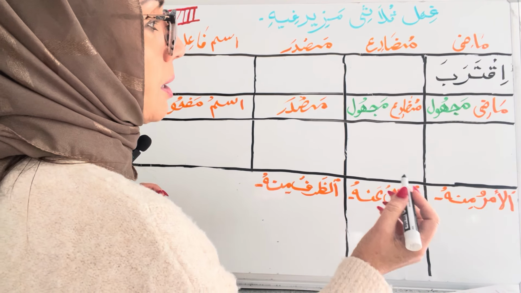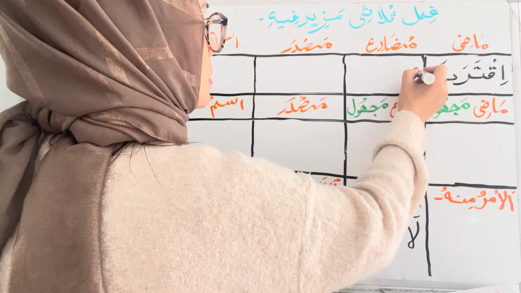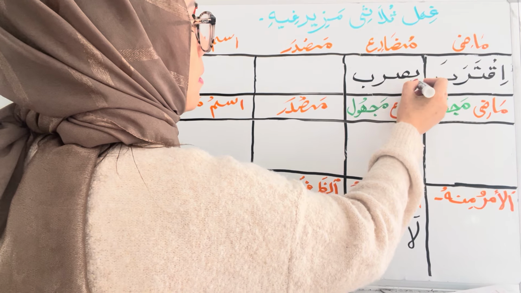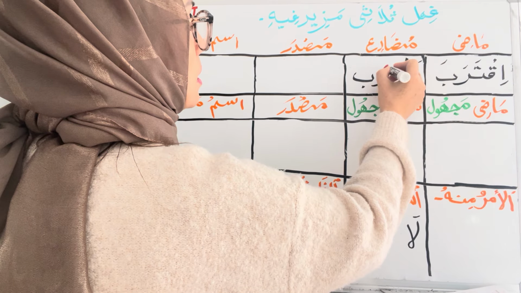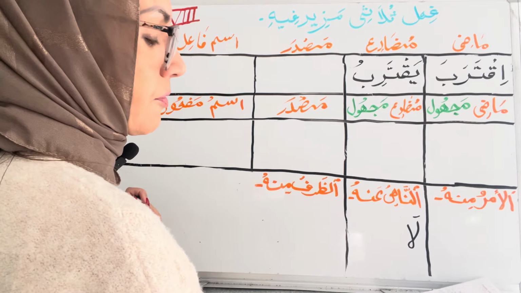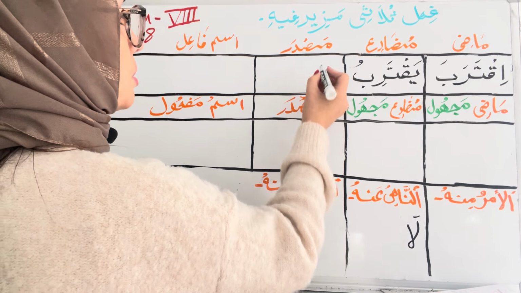So we have iqtaraba yaqtaribu, and then we have iqtiraban. This becomes the masdar.